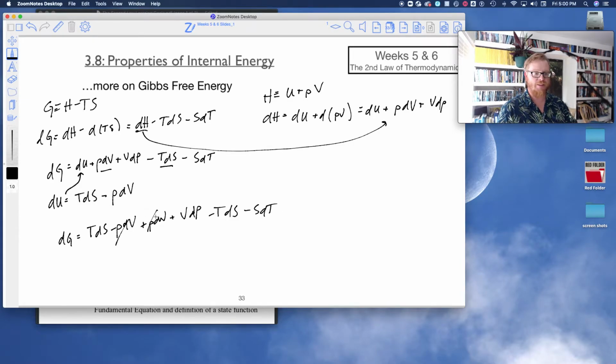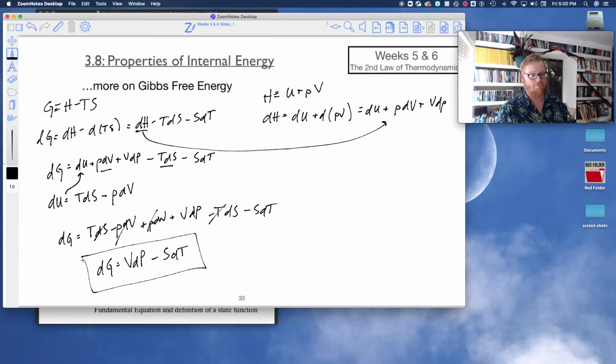Okay, and you can see those two PdV terms cancel, as well as the TdS. That cancels as well. And what I'm left with is another version of the fundamental equation, dG equals VdP minus SdT. Okay?